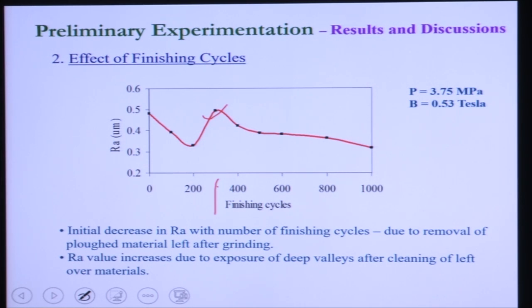During that time, with the increase in finishing cycle, your surface finish improves. So the Ra value increases due to the exposure of deep valleys after cleaning of the leftover materials, and the initial decrease in the Ra value with the number of finishing cycles is due to the removal of flowed material left after grinding.